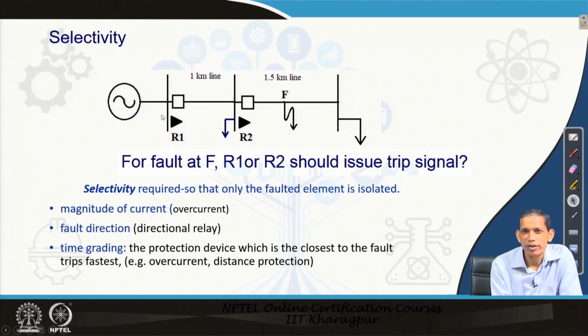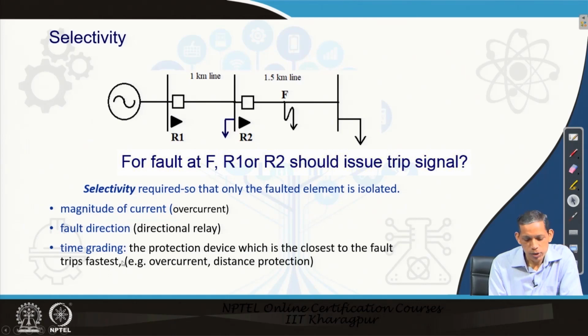So, distinction through simple magnitude may not be possible. Faults can also be discriminated as to whether the fault is to the left or to the right, or we call it upstream or downstream, and that can be done through fault direction or through the directional relay.